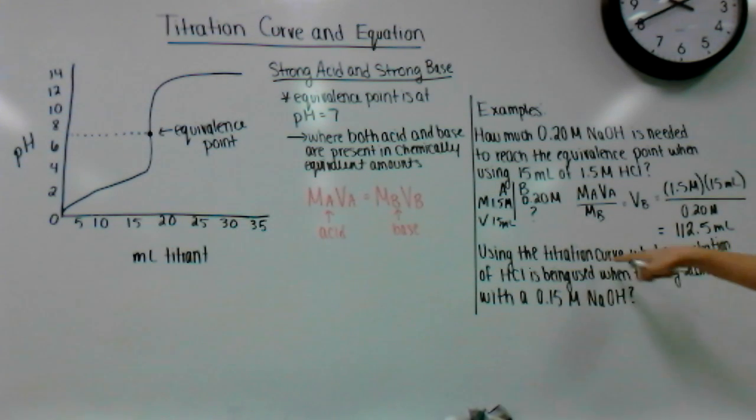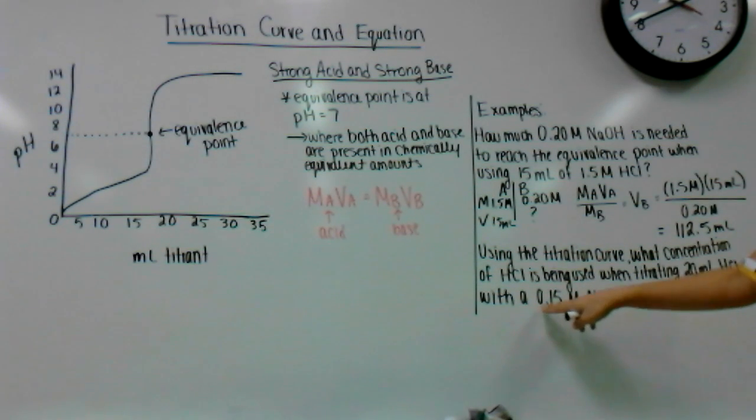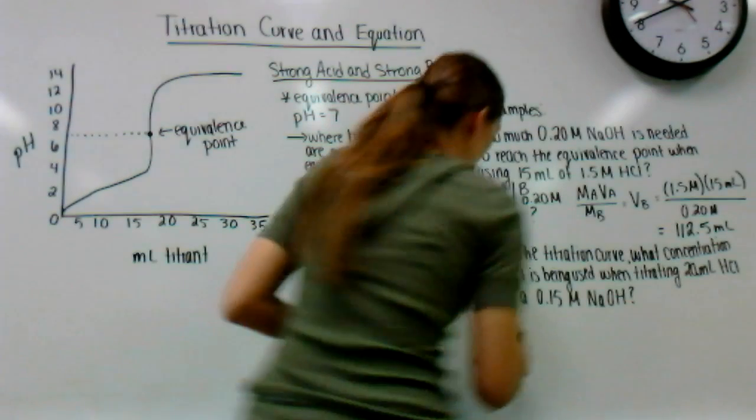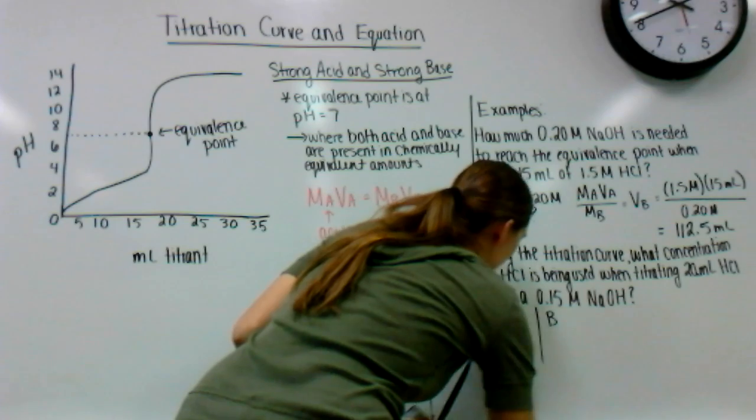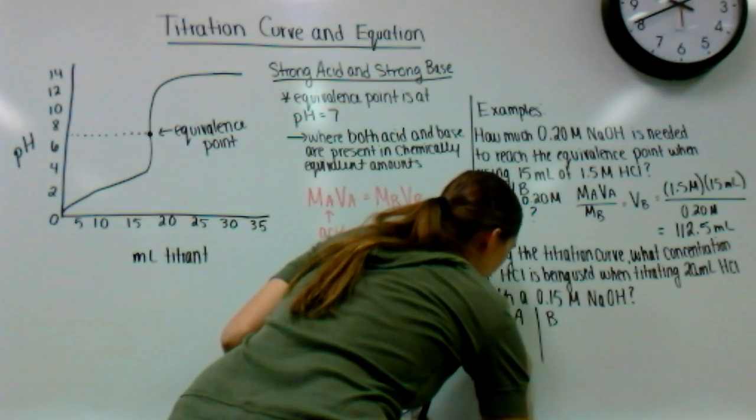Next, it says, using the titration curve, so we're going to be using that titration curve over there, what concentration of HCl is being used when titrating 20 milliliters with a 0.15 molar NaOH? So again, let's set up our chart. So we have our acid and our base, molarity, and volume.